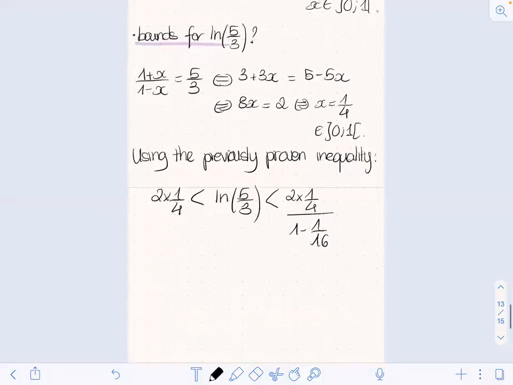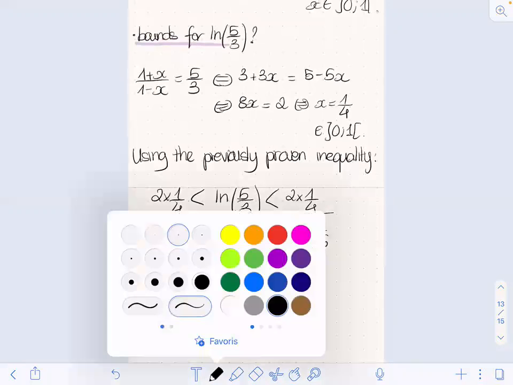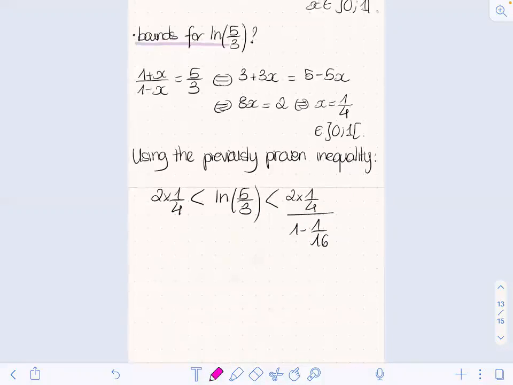And if you compute the two values here, we'll get 1/2 on the left-hand side, and here we'll get 1/2 divided by 15 over 16. And so if we rearrange that, we get 1/2 times 16 divided by 15.